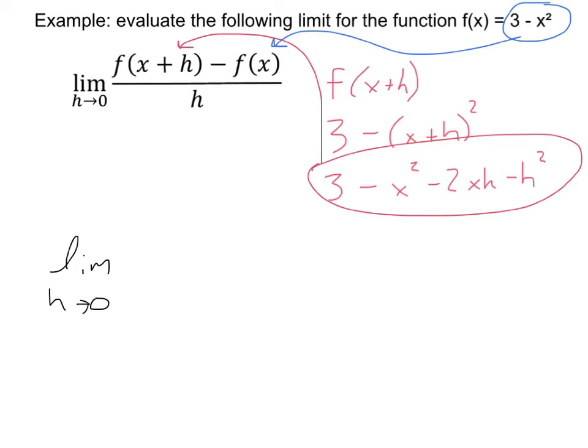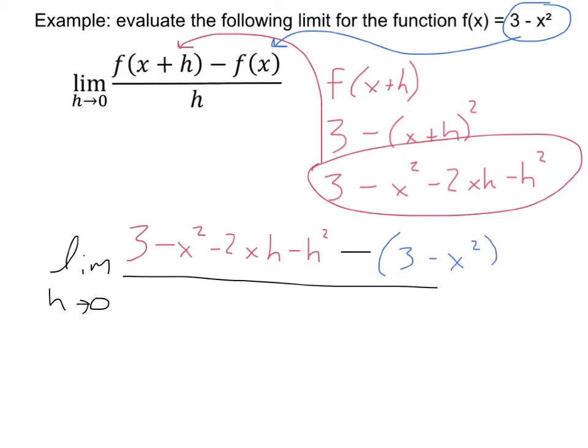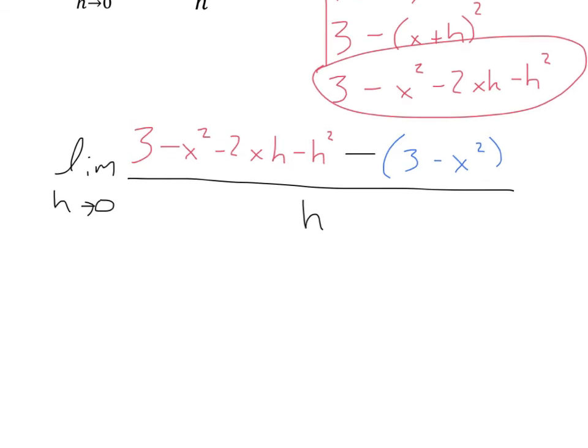So let's see here. I have the limit as h approaches 0 of 3 minus x squared minus 2xh minus h squared, then minus, and the parentheses are important, minus parentheses 3 minus x squared. Okay? And this is all over h. And again, this looks like a disaster, but I promise nice things are going to happen.